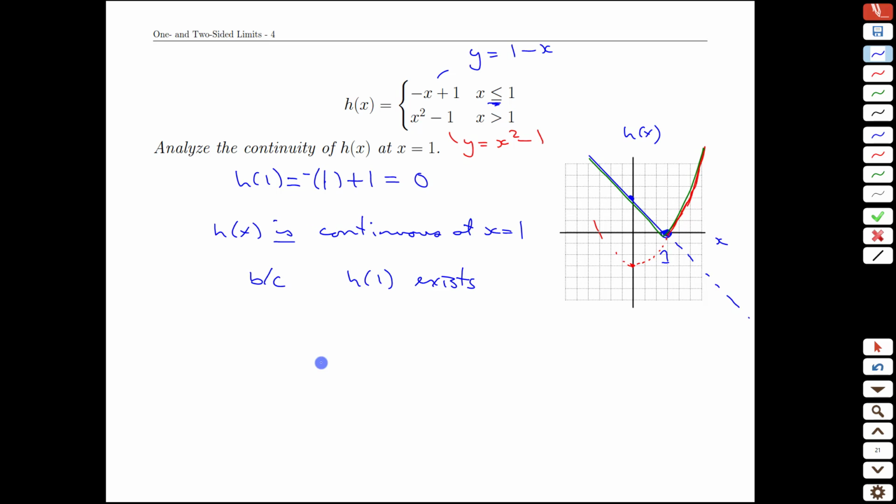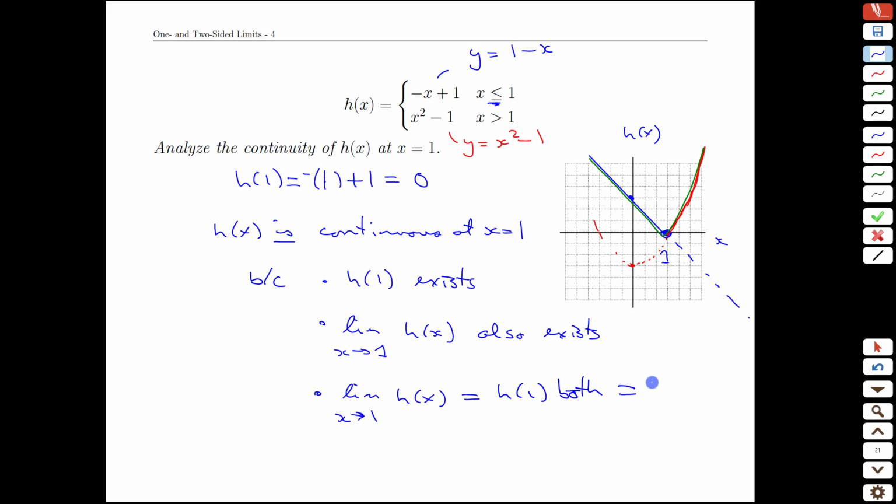We could get the value at 0. We had that the limit as x approached 1 of our function also exists. And last but not least, the limit as x approaches 1 and the actual value at 1 both were equal to 0.